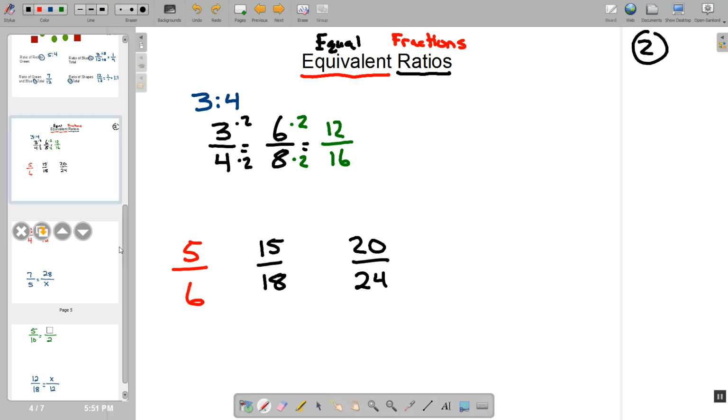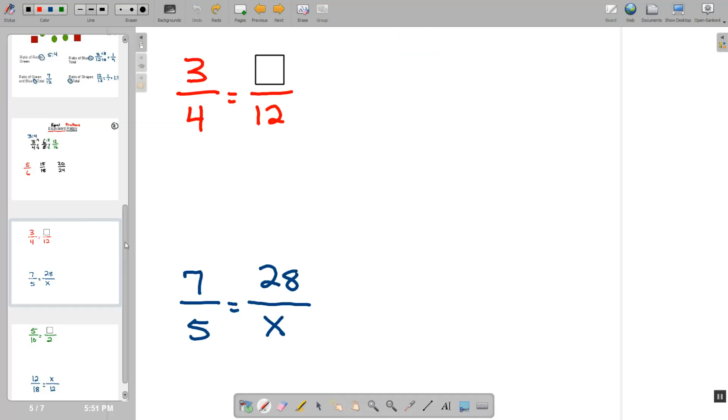Now, if we are doing equivalent ratios, what we need to figure out is what number is going to be in the numerator or denominator of the other equivalent fraction. So what we have here is the ratio 3/4, and we need to figure out what is something over 12 that's equivalent. So the way that we think of this one is we realize that this number times something is going to equal that number, and this number times the same thing is going to equal that one.